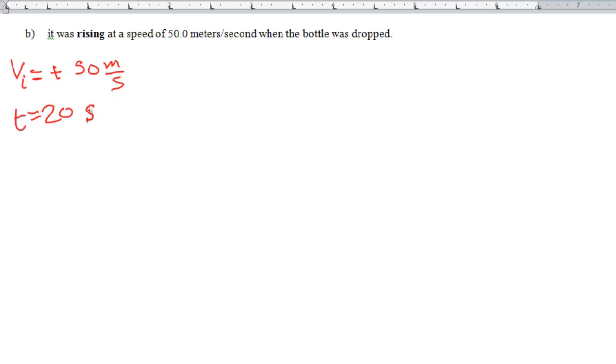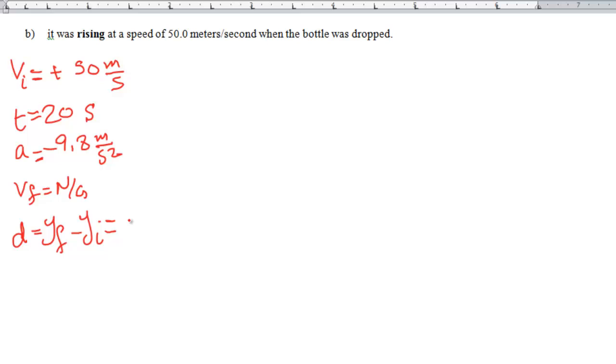We still have 20 seconds for time. Acceleration is negative 9.8. V final is not given, and the displacement is still y final minus y initial, which will be 0 minus y initial. So we're going to use the same equation now.